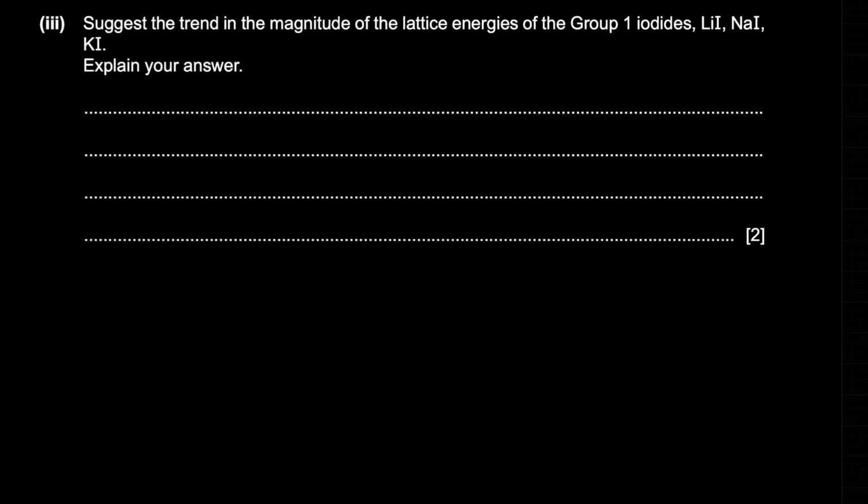And we know that the two things that affect lattice enthalpy are the charge, which is the same, and the size. And we know the larger the ions, the less exothermic the lattice enthalpy. So over here, we can say that down the group, delta H lattice becomes less exothermic.